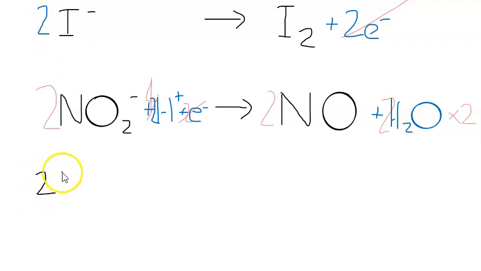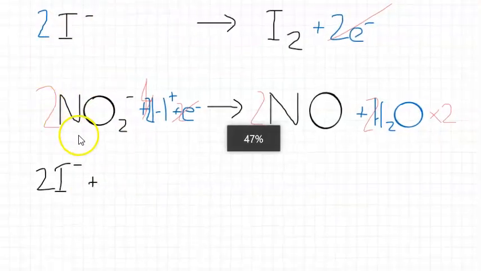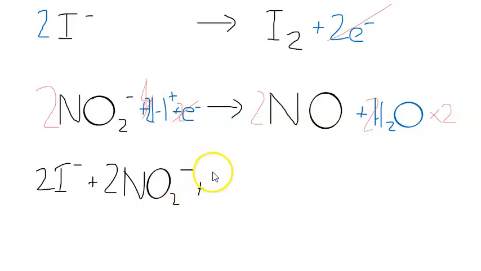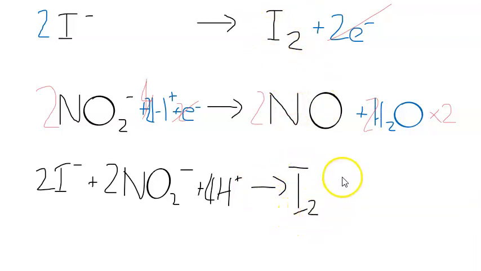We're going to have 2 iodide ions plus 2 NO2 minus plus 4 hydrogen ions goes into 1 iodine molecule plus 2 NO plus 2 H2O.